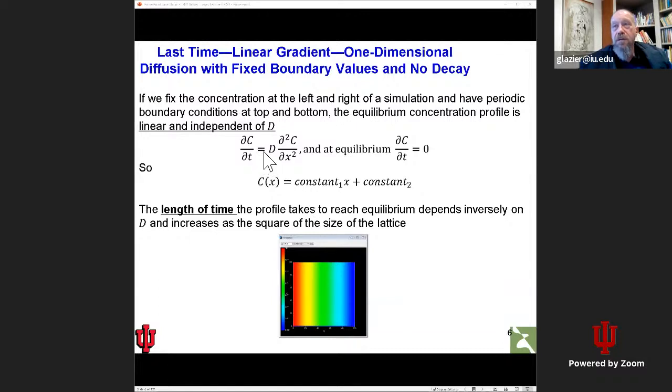And if I say 0 is equal to D times d squared c over dx squared, I can do the integral once. The first integral says that dc/dx is a constant. The second integral says that c of x is a constant times position plus a different constant.